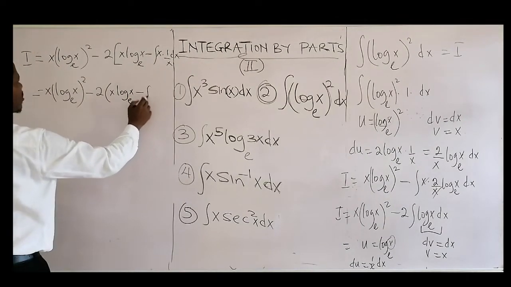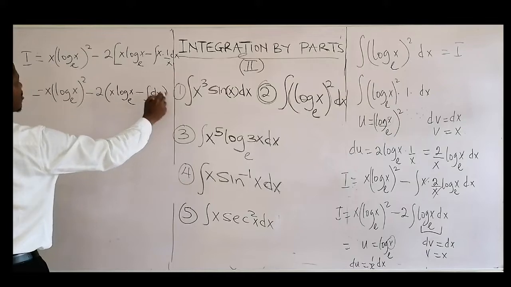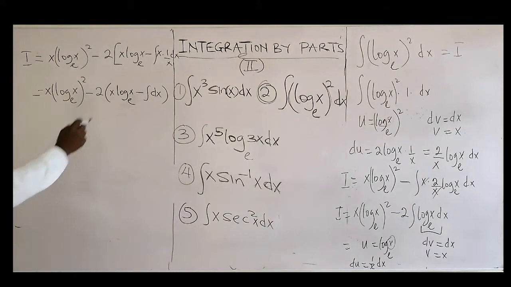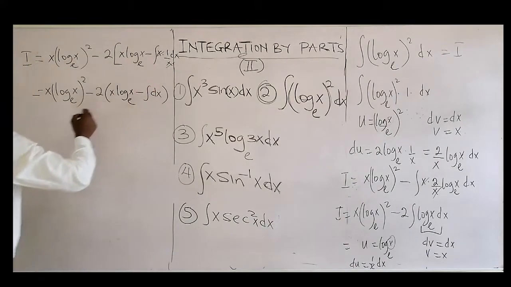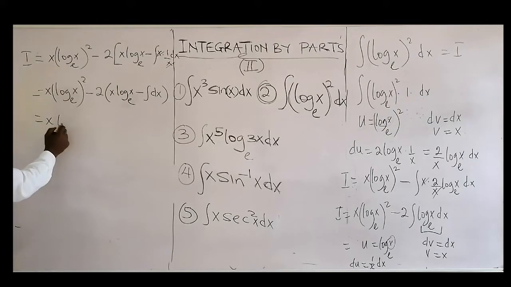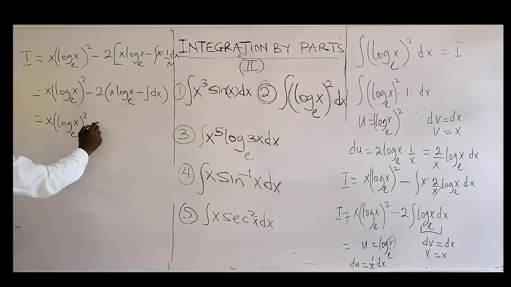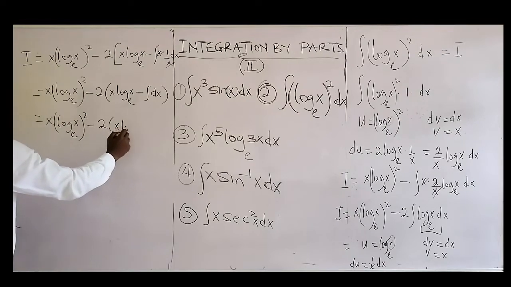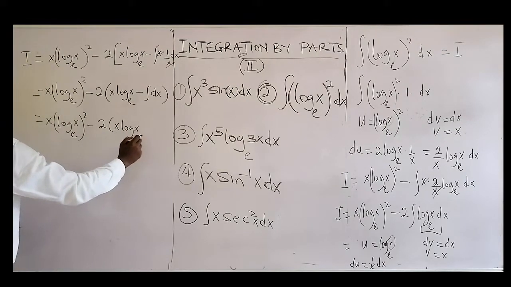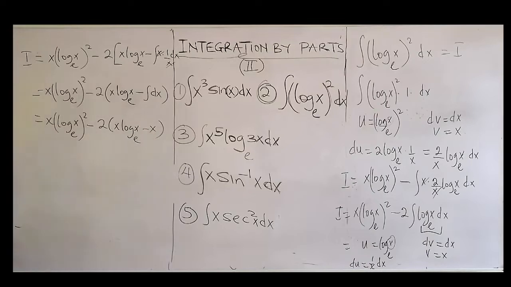Then I have the integral of dx. This one and this one will cancel out. So my answer will be equal to x (log x base e) squared minus 2 into brackets (x log x base e minus x).